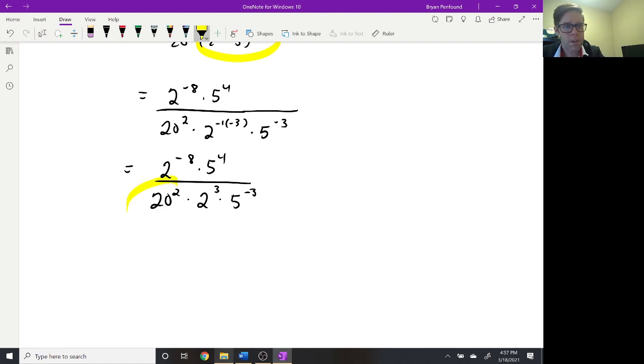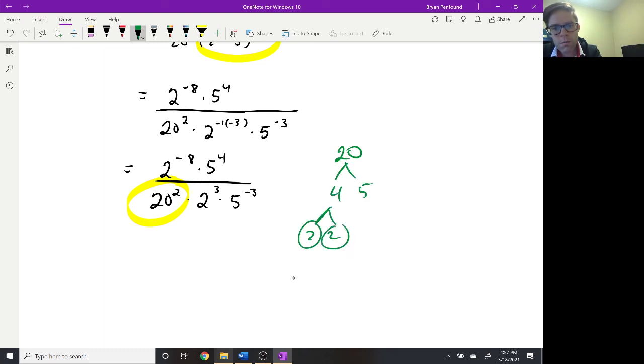The last step here is just to deal with the number 20. So the number 20 is composed of 2's and 5's. So let's do a little quick prime factorization of that one. We know 20 is 4 times 5, or 2 times 2 times 5.